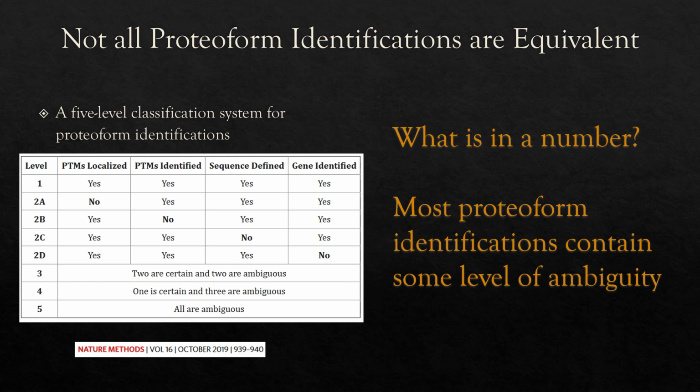So we and others published a paper in Nature Methods with a 5-level classification scheme for proteoform identifications, beginning with level 1, where there's no ambiguity in terms of PTM localization, PTM identification, amino acid sequence, and gene of origin, all the way down to 5, where we basically have only a mass, and we know that it's a protein, but we don't know anything else about it.